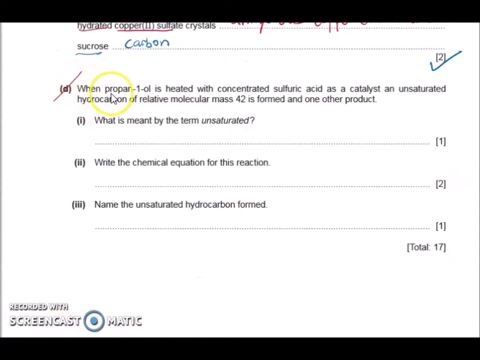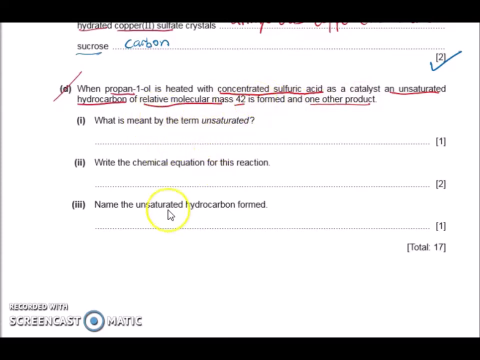Okay, for D, when propan-1-ol is heated with concentrated sulfuric acid, this dehydrating agent as a catalyst, an unsaturated hydrocarbon of relative molecular mass 42 is formed, and one other product.